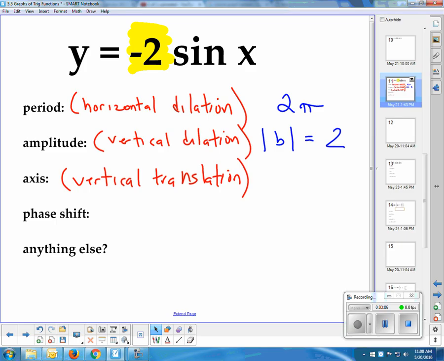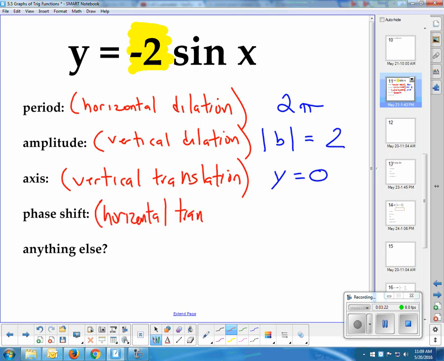And we don't seem to have one, so the axis of the wave will stay at y = 0, or the x-axis, where the typical sine function is. Phase shift. The phase shift would be a horizontal translation. And that would be indicated by a value that is added or subtracted to our input, added or subtracted to x. And we don't seem to have one there. So we don't have a phase shift. I'm just going to write none here.